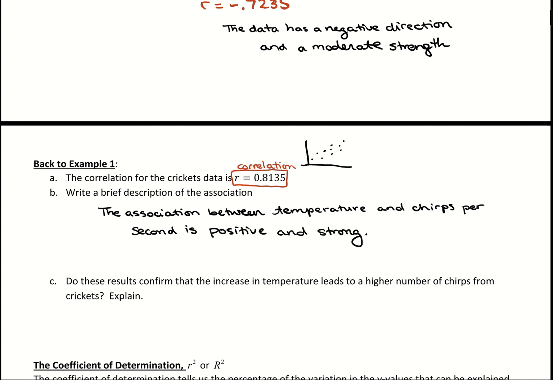So this question of describing association, always describe direction and strength. So you're using R to get out the two characteristics there.